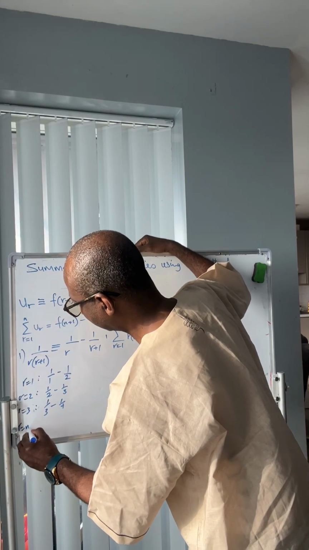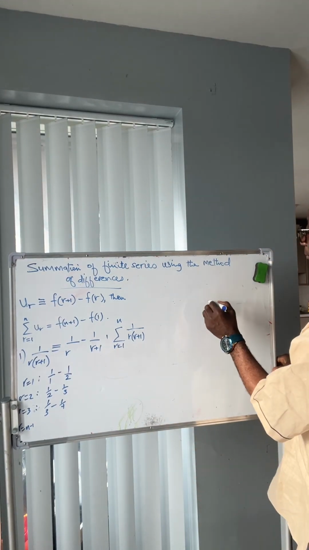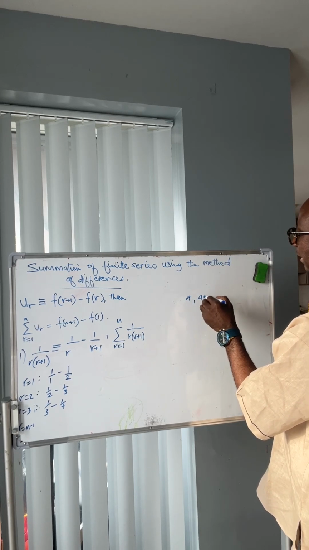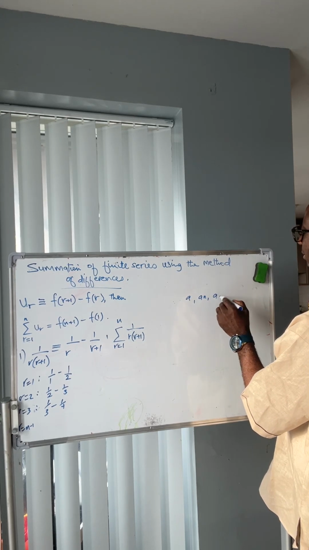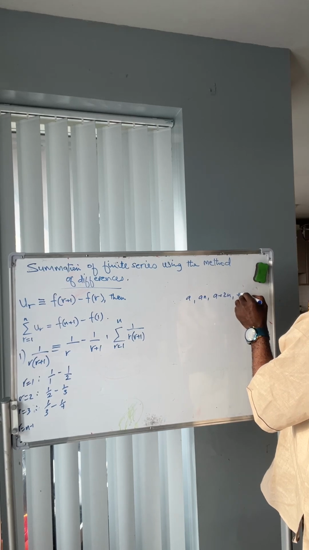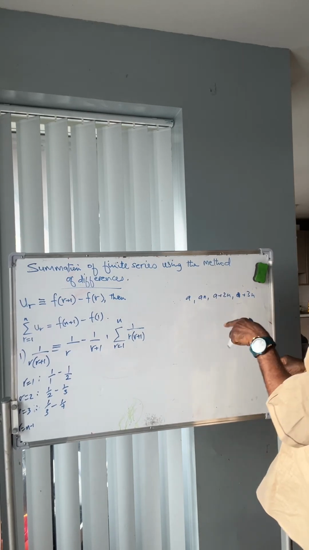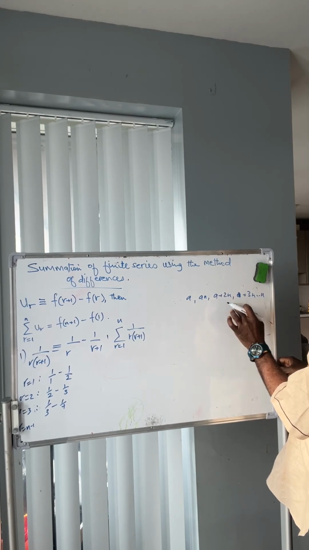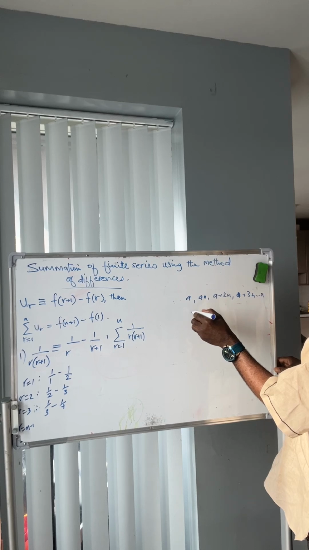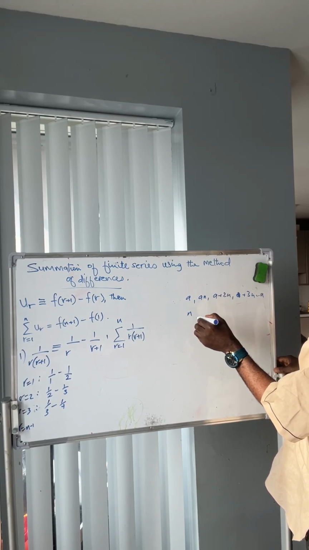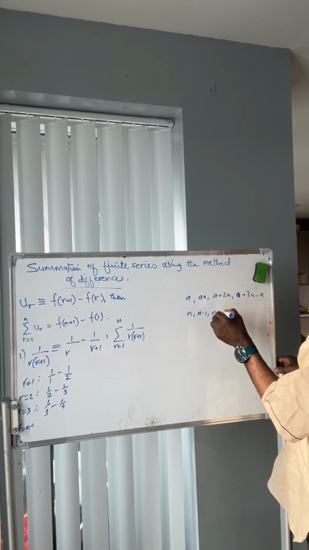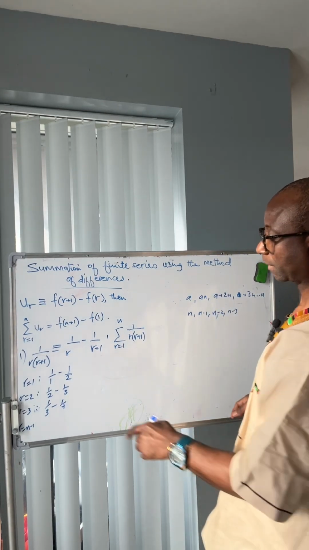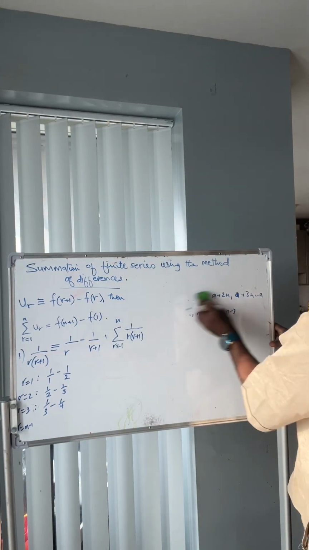When you are doing series, if you are coming from the back, you start to get n minus 1, n minus 2, n minus 3. This is just for you to understand the picture of what we are doing here.